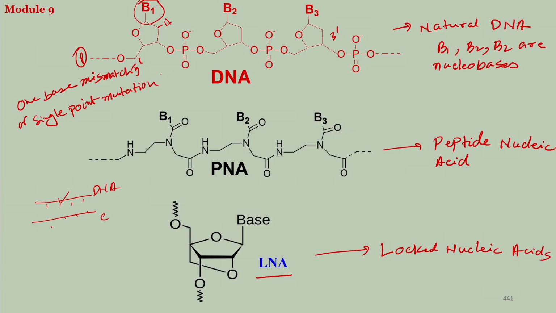is also known as single nucleotide polymorphism. This is very important to remember, because this is the term you will come across in many different places if you are studying chemical biology. In short, this is called SNP, single nucleotide polymorphism, which basically means a single base mismatch present in the DNA.